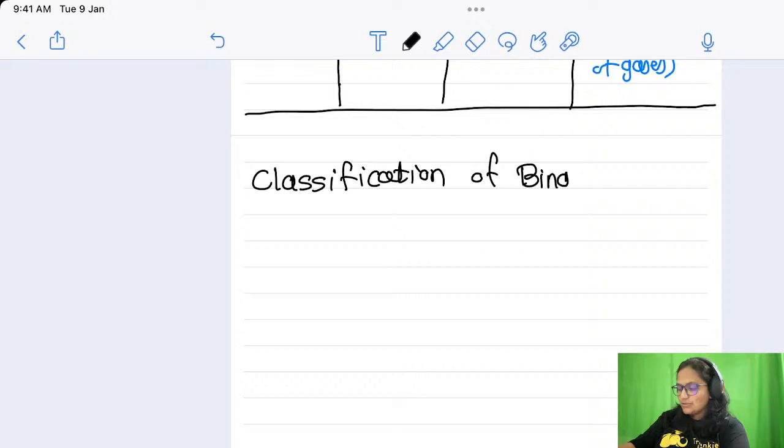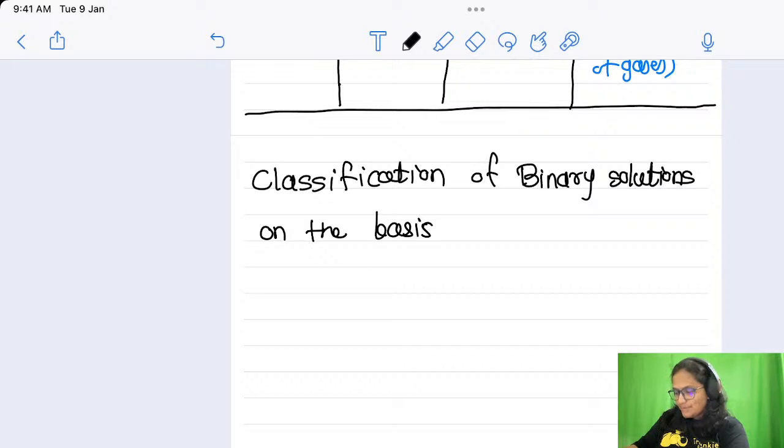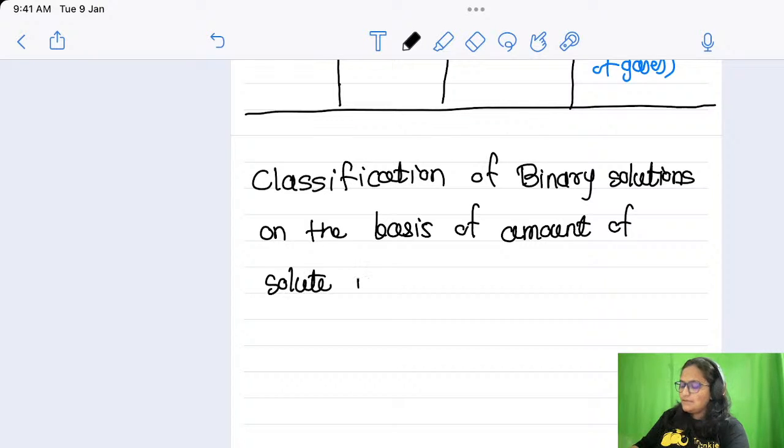Classification of binary solutions on the basis of amount of solute in the solution. Okay, yes, let us see that.